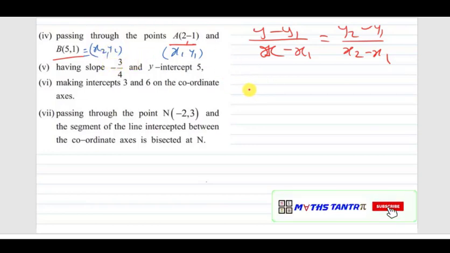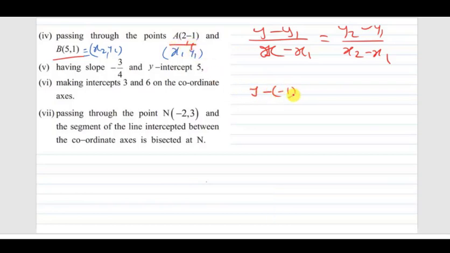What I will get: y minus, what is the value of y1? It is minus 2, so minus (minus 2) upon x minus, what is the value of x1? It is 2, equals, what is the value of y2? It is 1 minus, what is the value of y1? It is minus 1. So always write in brackets if the sign of any coefficient or any number is minus.